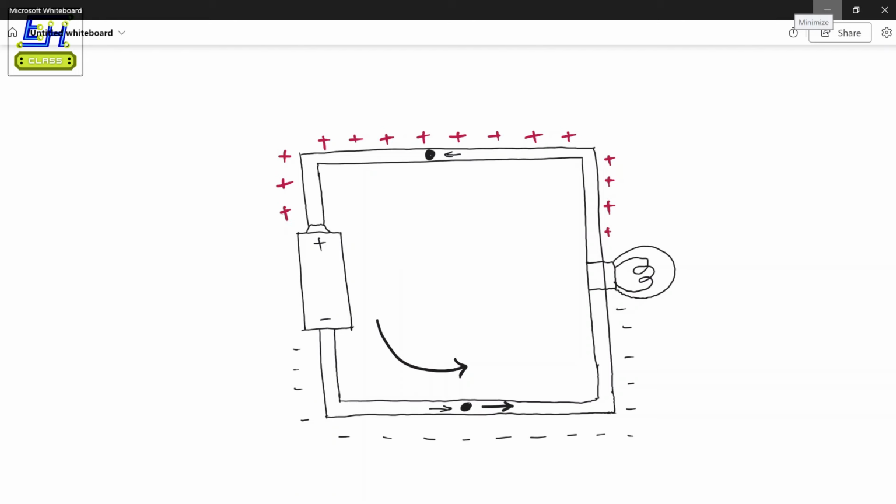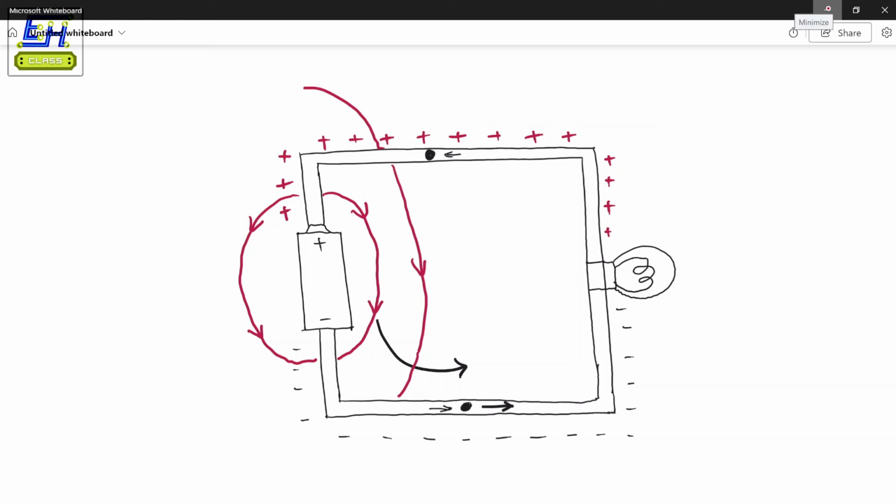And you know that whenever there is a charge separation, there will be an electric field. So let's draw some of the electric field lines just to show you how they will appear, originating from the positive side of the source and terminating on the negative side. Since this surface charge is really spread out, you'll see this massive electric field, not just around the battery, but all around the circuit.